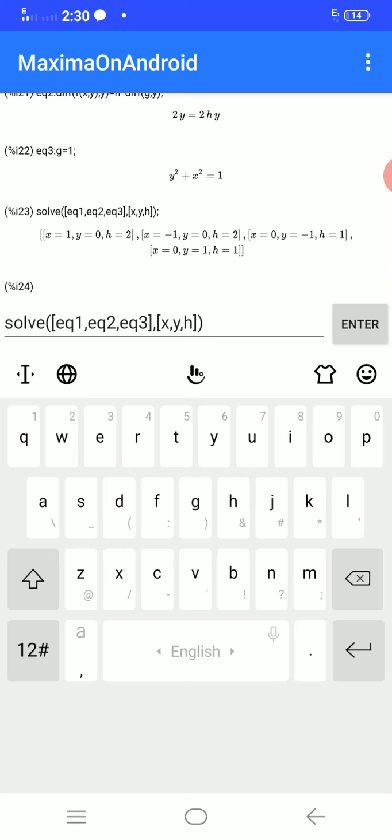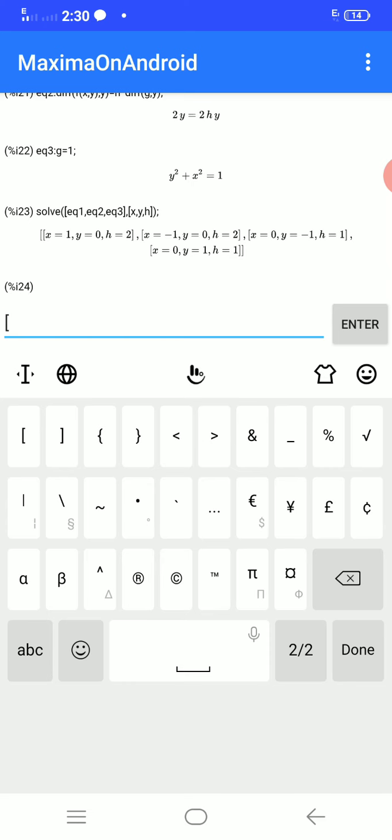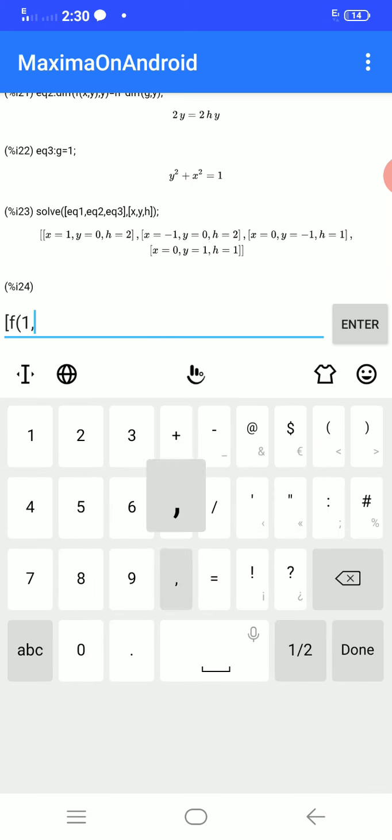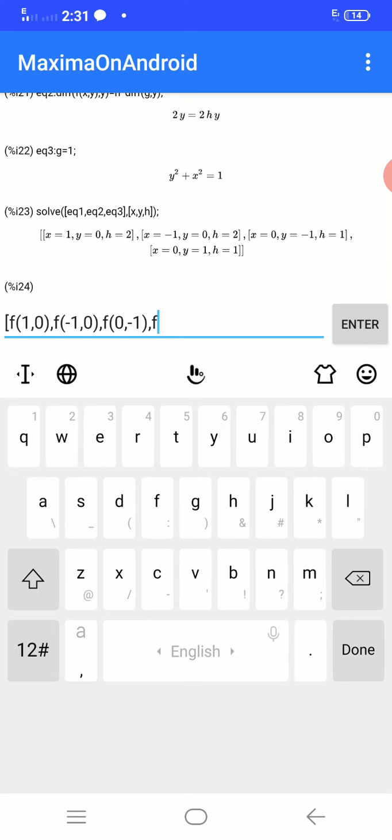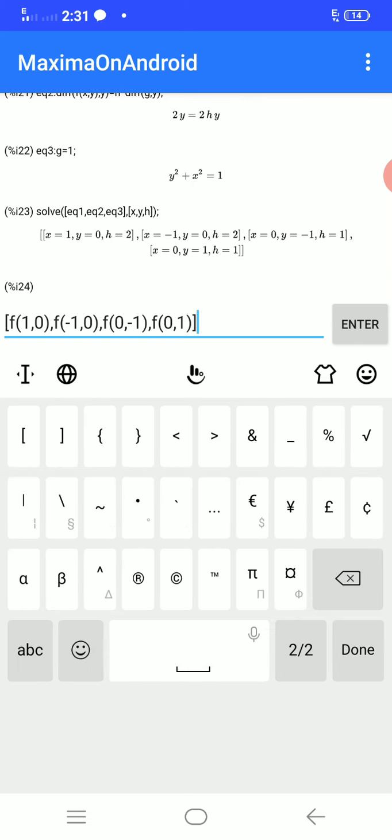So we see that extreme values lie among the points (1, 0), (minus 1, 0), (0, minus 1) and (0, 1). Next we have to find the value of f, so we use f of 1, 0, f of minus 1, 0, f of 0, minus 1, f of 0, 1, then enter.